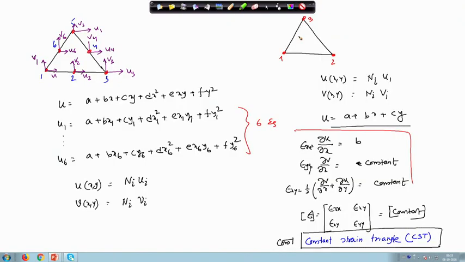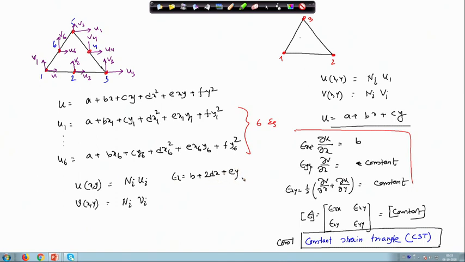Now, even with smaller elements, whether you get close results or not, and what are the difficulties you face while solving a problem using this element, that will not be discussed here. I leave it to you, you find that yourself. But when we have this triangle where u is essentially a quadratic function of x and y, then if you calculate epsilon x, it will be b plus 2dx plus ey.